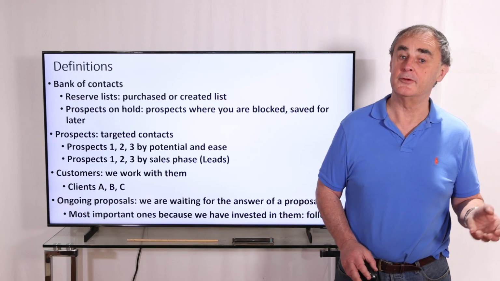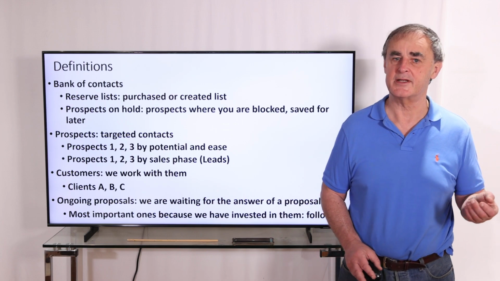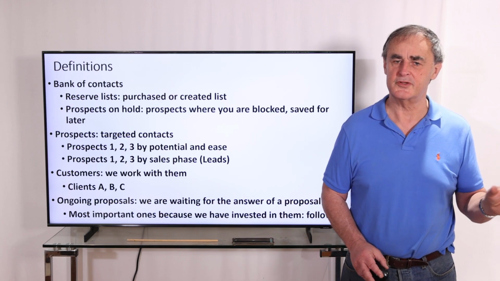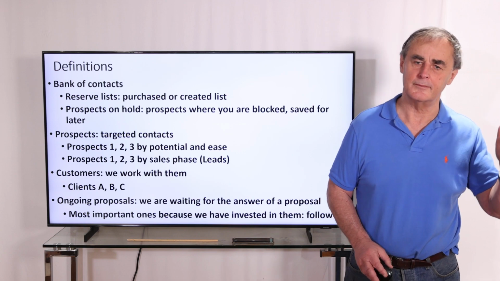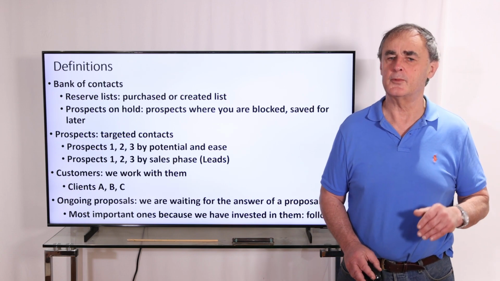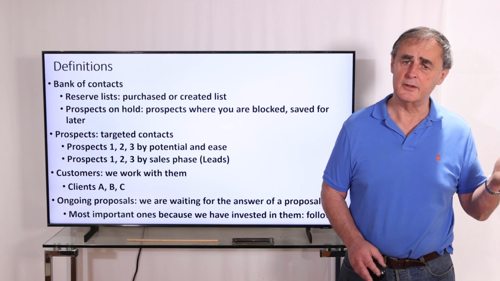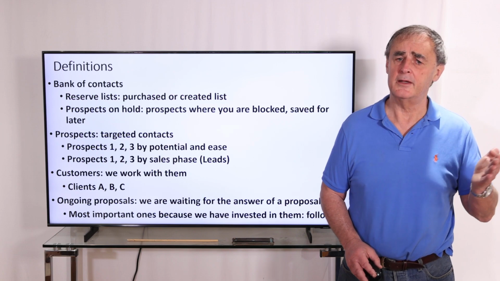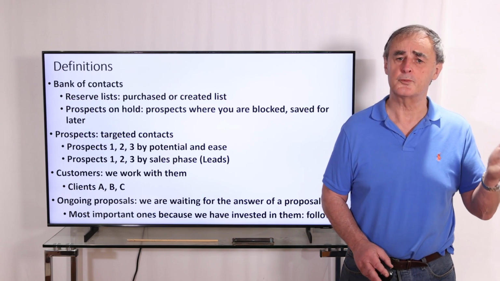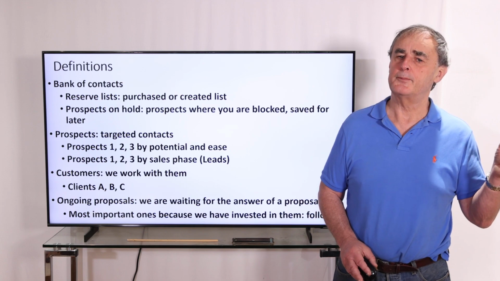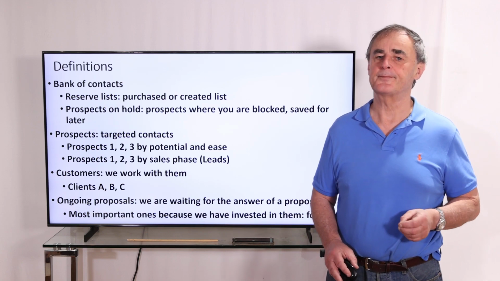Prospects, the targeted contacts. You decide to choose some, 10 or 100, whatever, and you can classify them by number: prospect 1, prospect 2, prospect 3, by potential and by ease to get in.